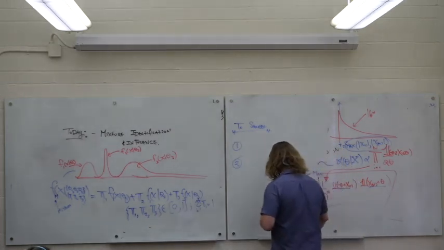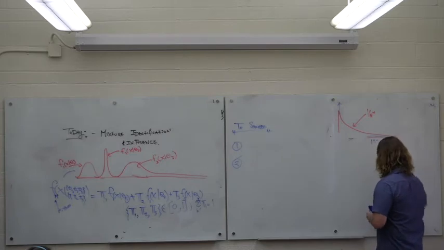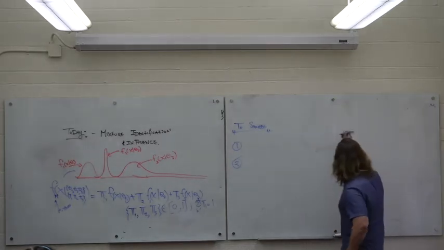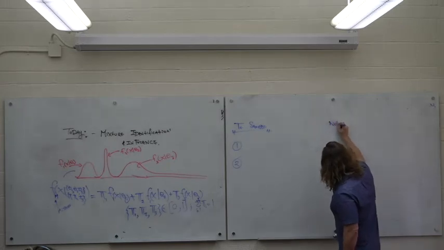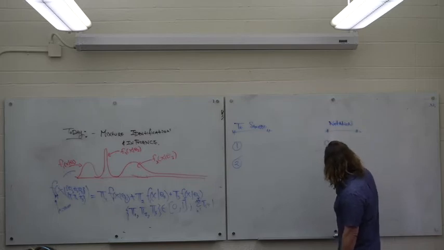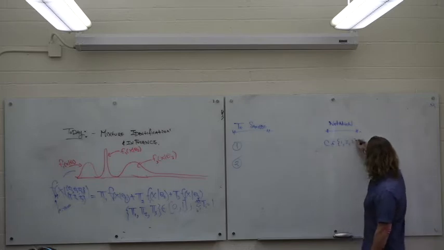So let me give myself a little bit more notation. I'm going to write down C, which is going to be, in our example, an element of either 1, 2, or 3.